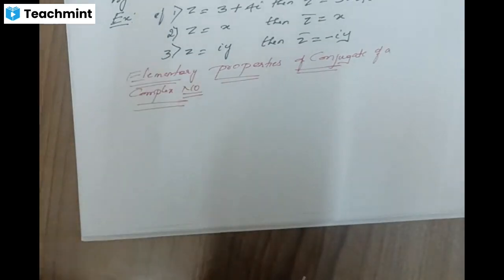Previously, we were finding properties of a complex number. Here it is the conjugate of a complex number.